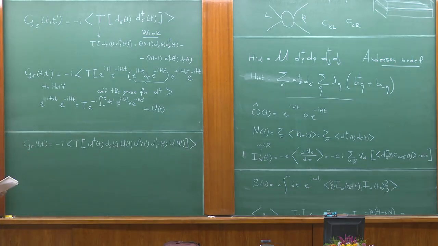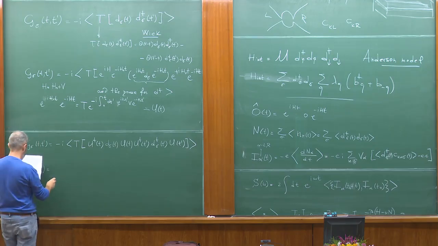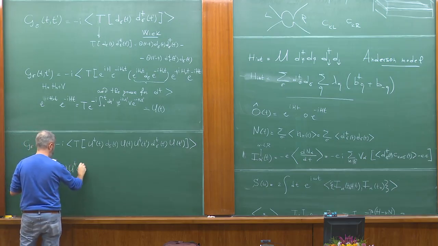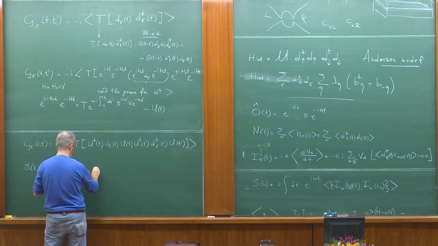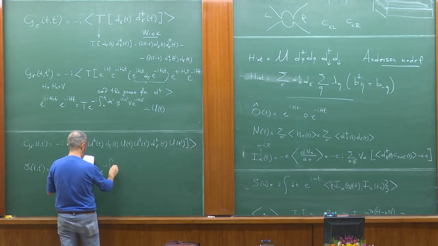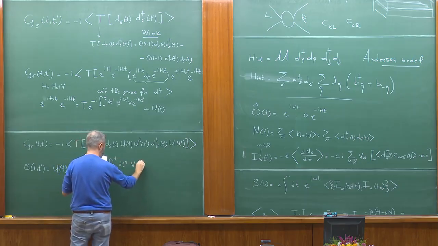That's what it is. Now you introduce, and the name can be made precise, but originally all of this comes from high energy physics, the S matrices, S of t, t prime. This is defined as U of t, U dagger of t prime, and is nothing but the time-ordered exponential of minus i integral from t prime to t dt double prime of V of t double prime.